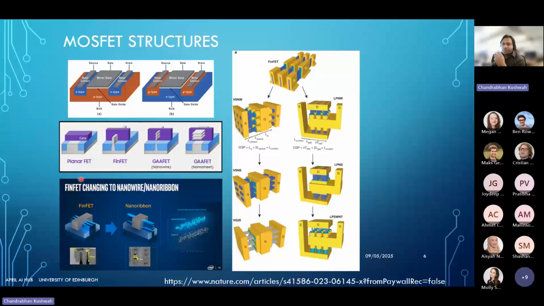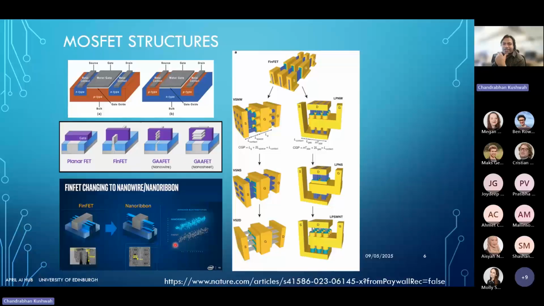In the middle section, we will be utilizing GAA-FETs in future technologies. In FinFET, the gate wraps around the vertical fin, which improved the electrostatic control compared to planar MOSFETs. Then we also shifted to gate-all-around FETs, the nano ribbons and nano sheets.